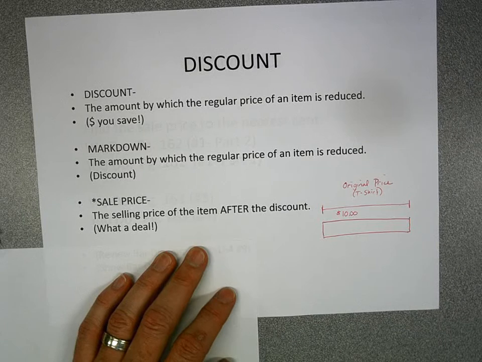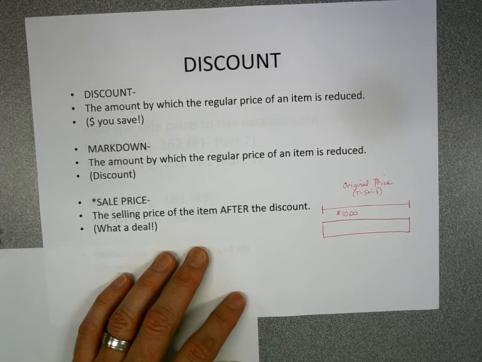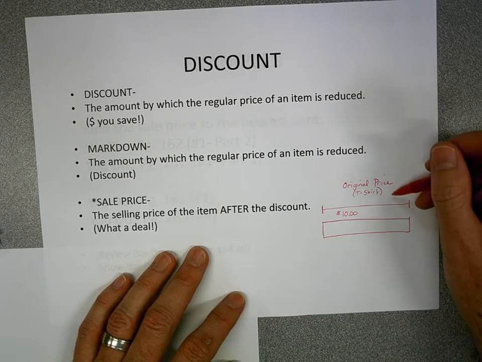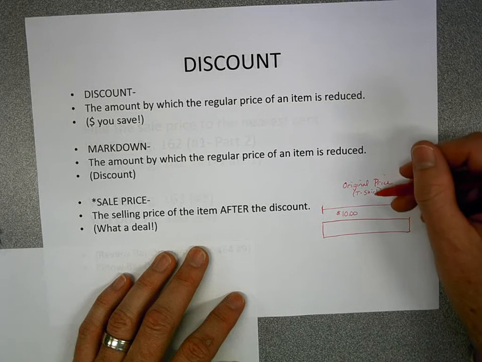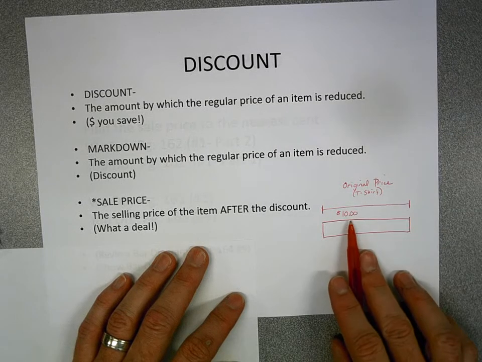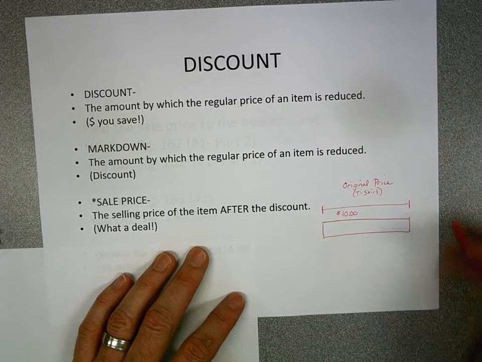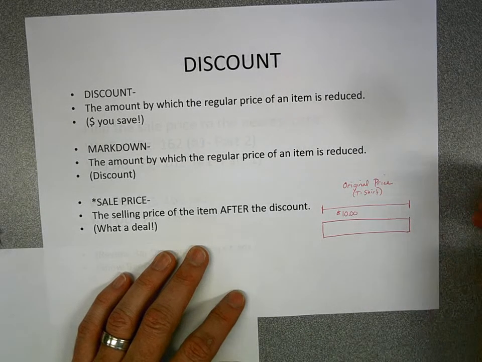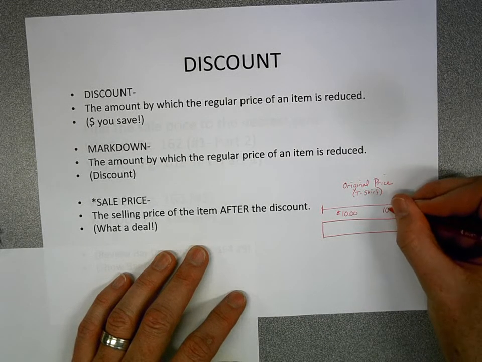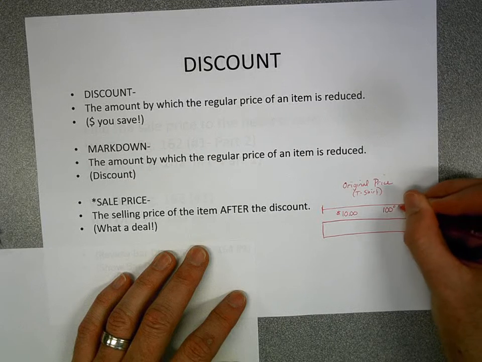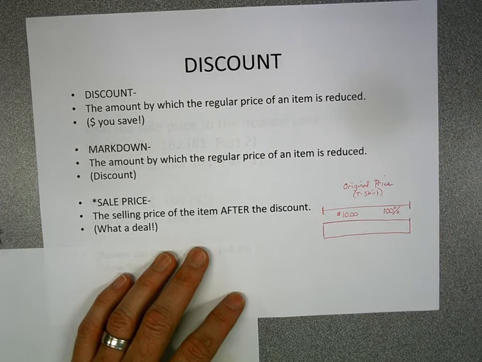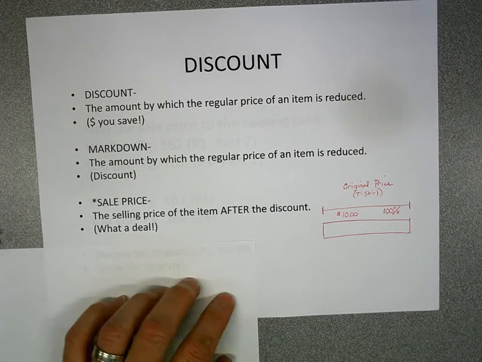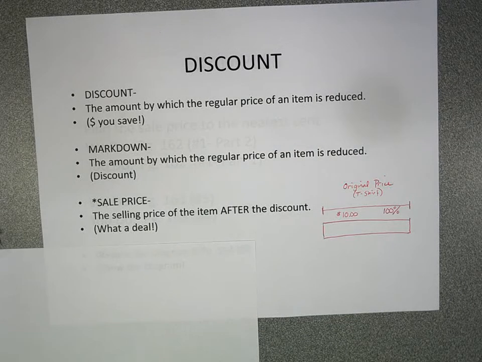Now, here's what I want you to know. The original price of any word problem, in this case the t-shirt that's $10, is considered this whole bar, which is all of it, which is 100%. The whole thing is always going to be 100%. The whole thing of anything is 100%.